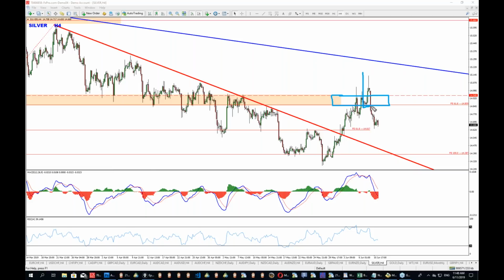And this is exactly what we got here. That was the whole idea behind this analysis, okay? And that wish of ours or dream of ours to see it, and we did see it. Pullbacks for buys. The only problem I do have is with this very strong move to the downside, which means we need to be careful.